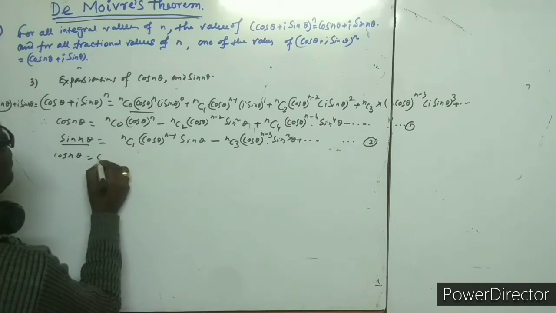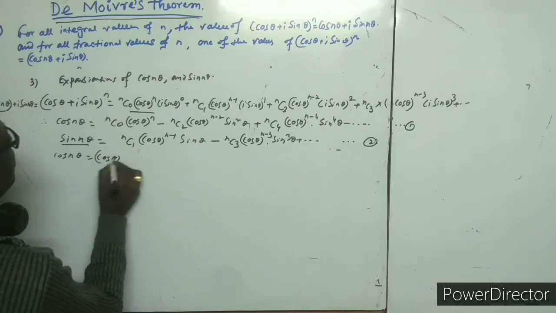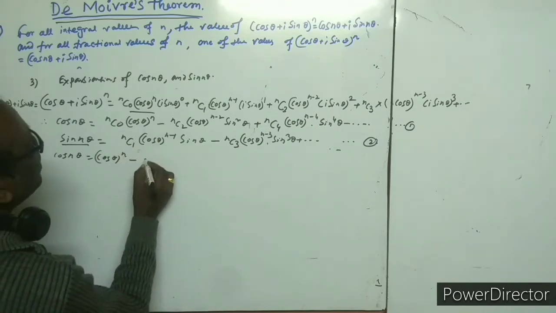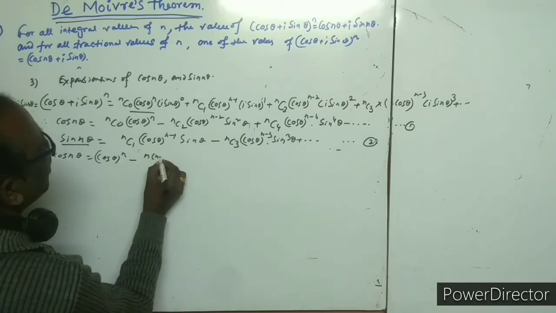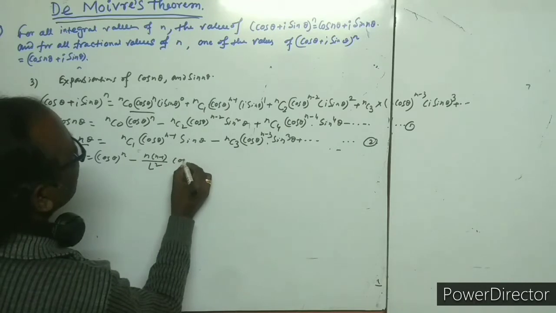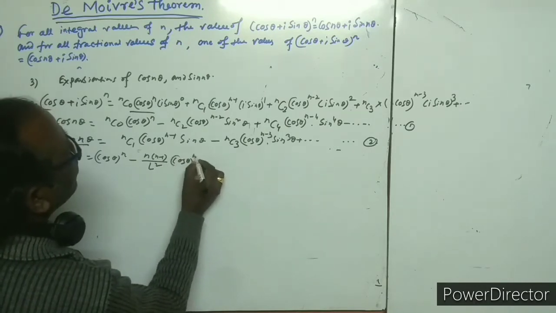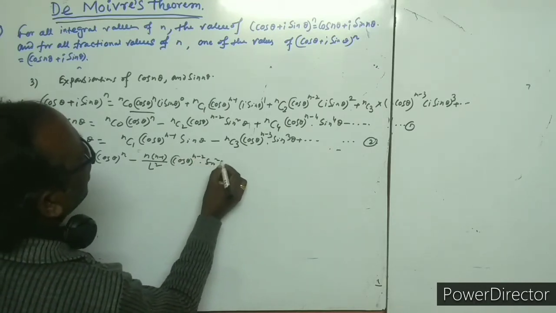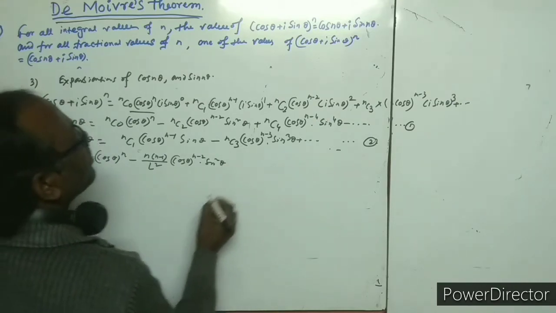cos n theta, that can be written as 1 times cos theta to the power n. Then nC2, this is n into n minus 1 by factorial 2, and this is cos theta to the power n minus 2 and sin square theta.